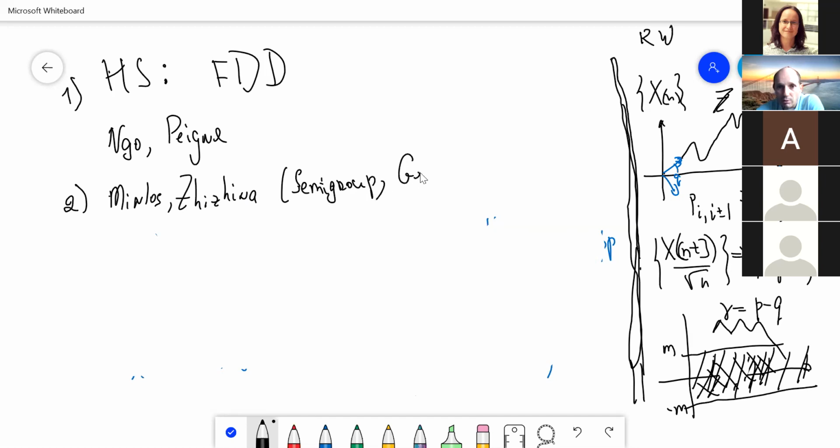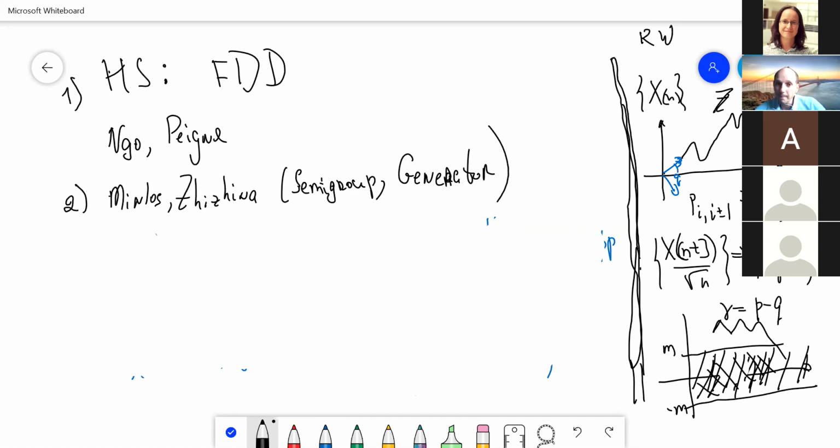They studied generators for this random walk and proved generator convergence to the generator of skew Brownian motion.